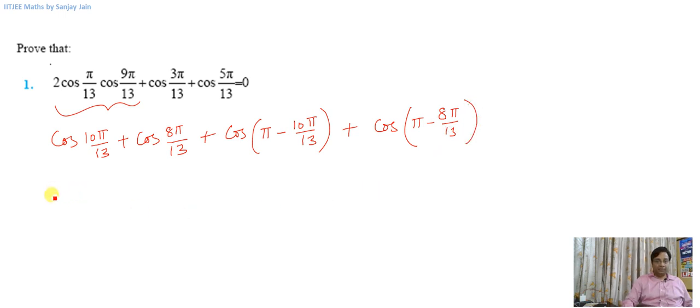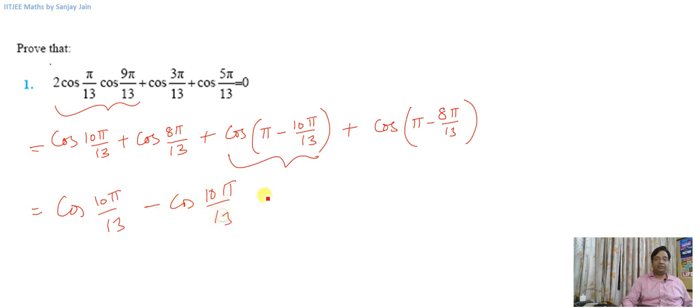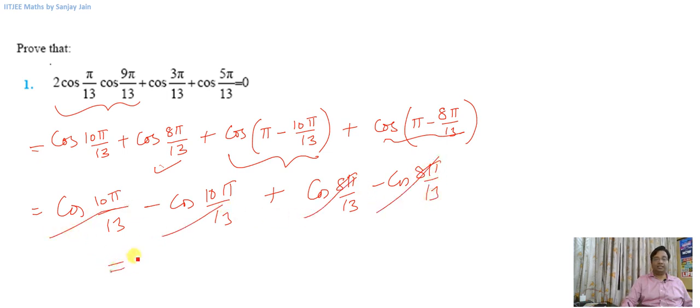Now if you notice, cos of pi minus 10 pi by 13 is nothing but minus cos 10 pi by 13, and then this term cos 8 pi by 13, and this is minus cos 8 pi by 13. If you see, all of these will get cancelled and you will have 0, which is your right hand side.